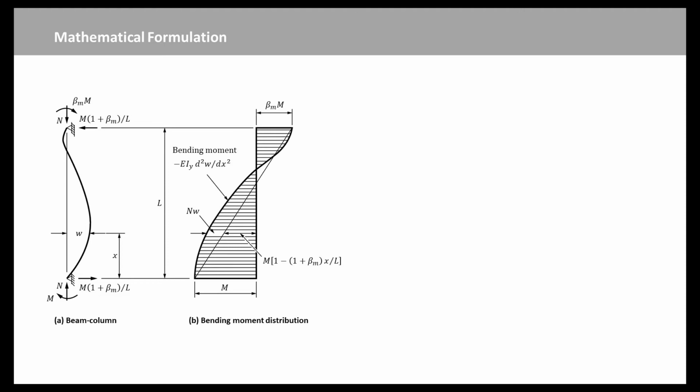The bending moment in the beam column shown in this figure is the sum of the moment due to the end moments and the reactions, and the moment N times w due to the deflection w. Thus, the differential equation of bending is obtained by equating this bending moment to the internal moment of resistance.